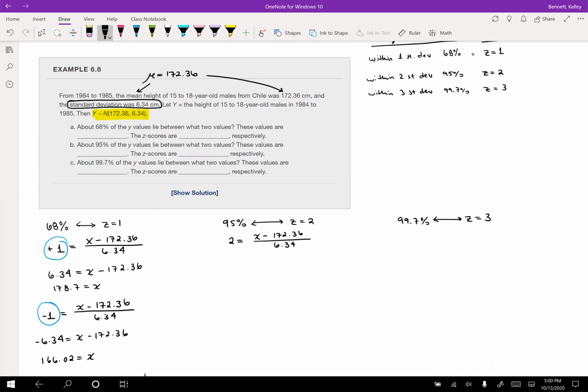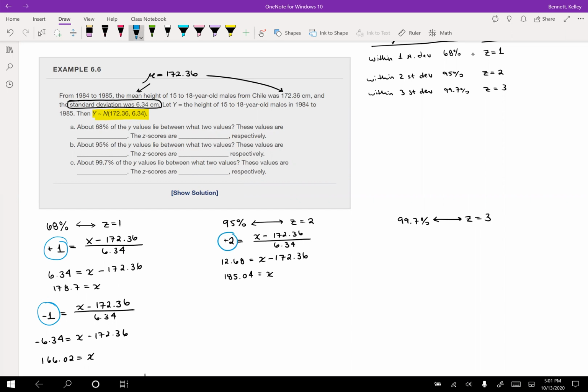So 6.34 times 2 gives me 12.68. This equals x minus 172.36. So I'm going to add 172.36 to each side. 185.04 equals x, right? So that was for the +2.